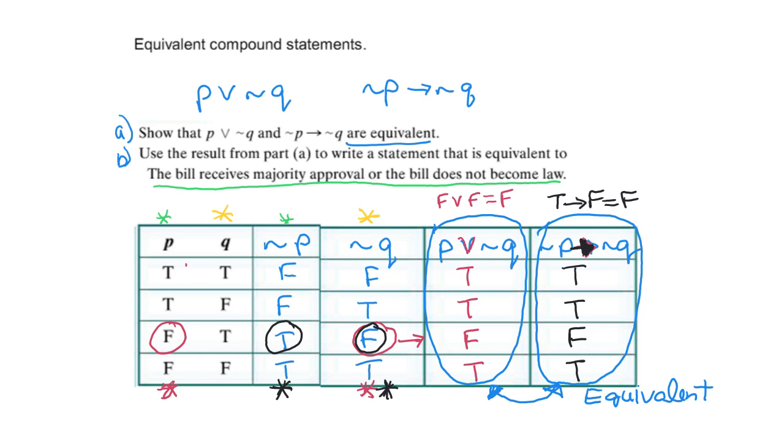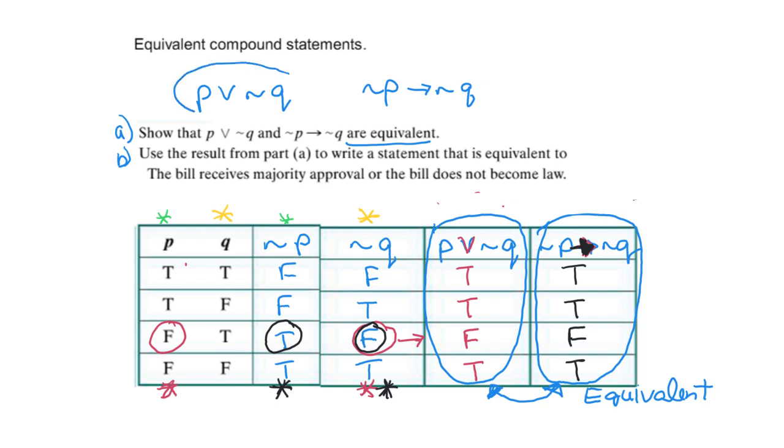Let me go up here and give myself some room. Let me do some erasing, and I'll insert the equivalent statement. The original statement is actually this first one, P or not Q: the bill receives majority approval or the bill does not become law. Since the second statement is equivalent, we are going to use the conditional to rewrite it.